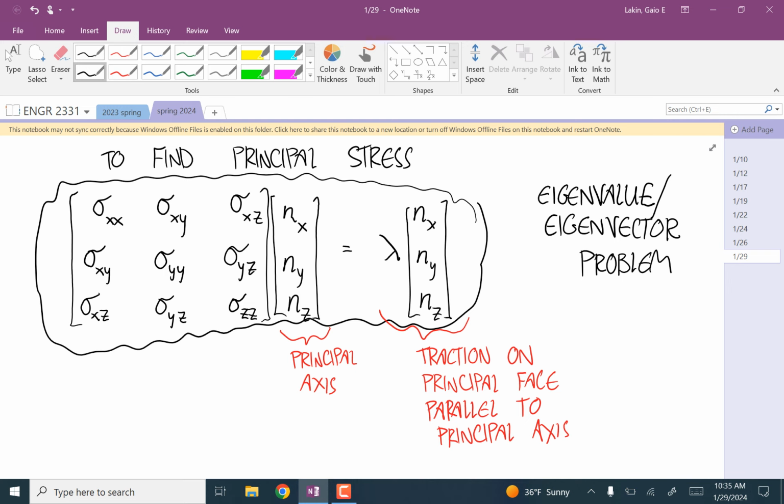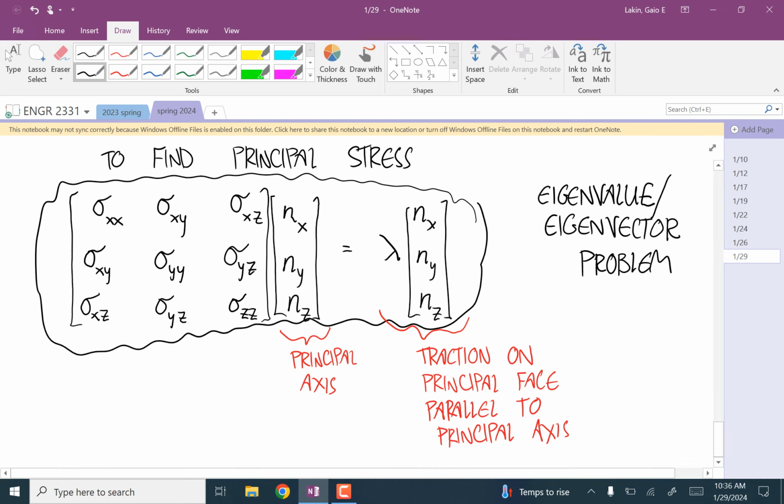Oh, I know what I was going to say. Do you remember that eigenvalues have no reason to be real, they can be imaginary? And so what would it mean if this lambda was imaginary? We haven't talked about imaginary stresses or anything like that, right?